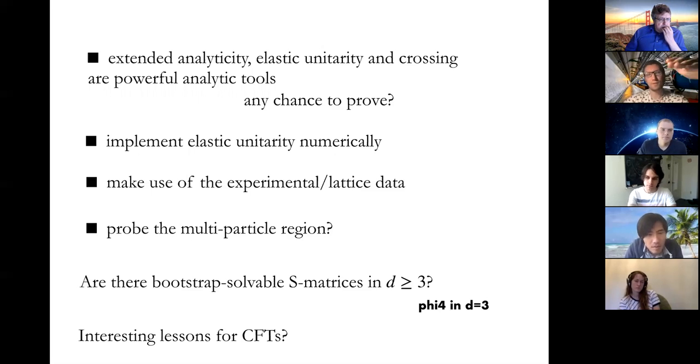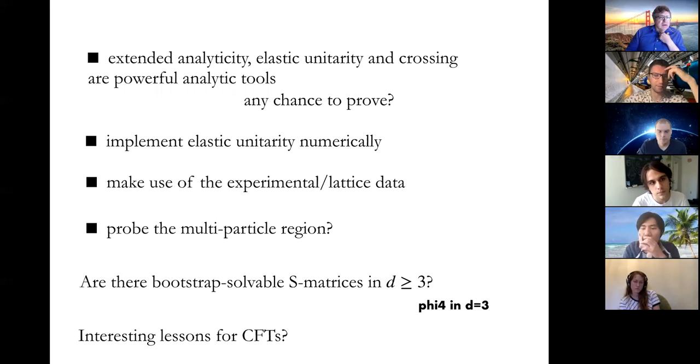Then I briefly mentioned that there is this interesting challenge of implementing the structure of rho, which I showed you, numerically. Because we use this threshold expansion, we can use low energy, low spin experimental data, and maybe we can make use of it. Finally, there was this multi-particle region, and it's very complicated, but I think there are some parts of it where we can still make some progress.